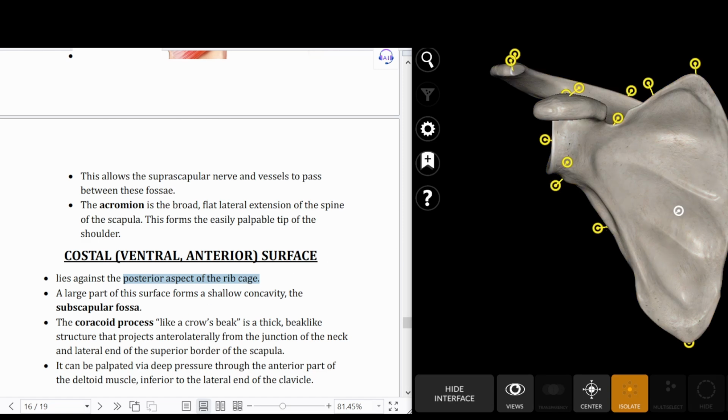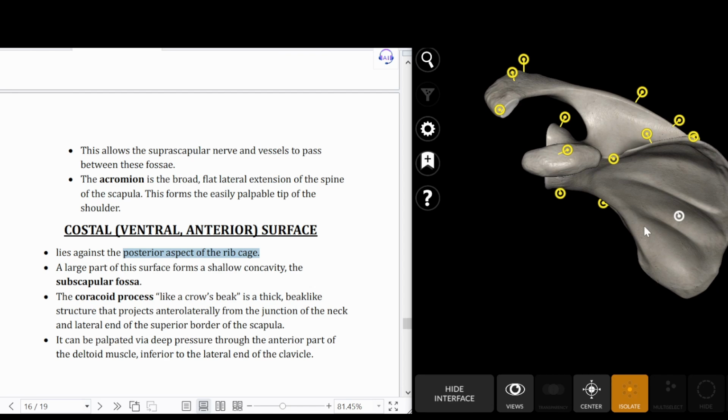Okay. What is the coracoid process? A beak-like or crow's beak. It looks like a crow's beak. This is your coracoid process. It is a structure that projects anterolaterally from the junction of the neck and lateral end of the superior border.